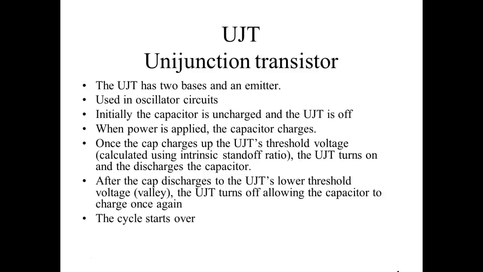Unijunction transistors have two bases and then one emitter lead, so they're called B1 and B2. We use these in oscillator circuits. What's an oscillator? Everybody know? What does oscillation mean? Not rotate. It goes back and forth.